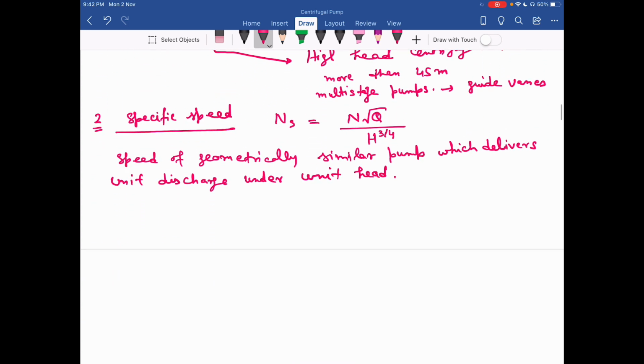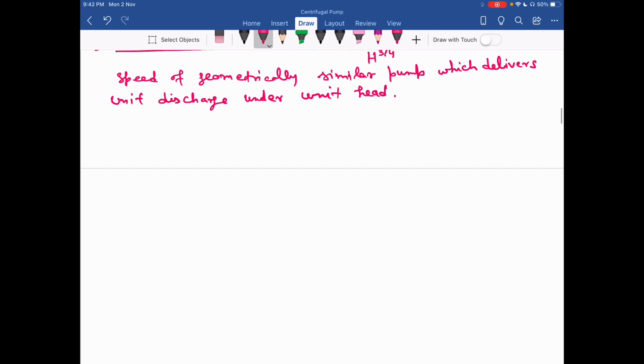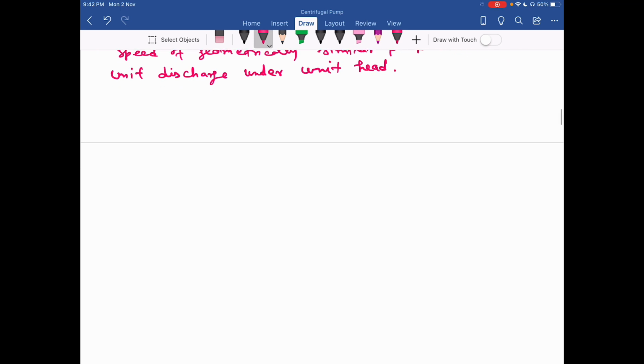Okay. So depending upon specific speed, we have different ranges. You can see the range from the table. I have the radial flow, then mixed flow, then the axial flow.